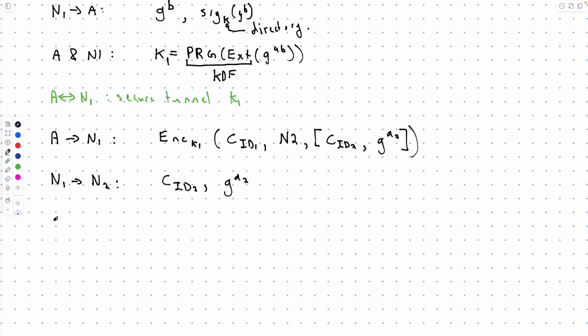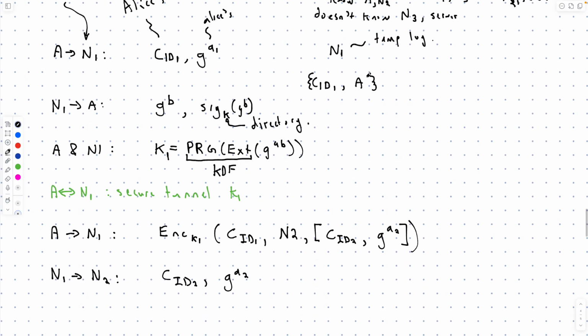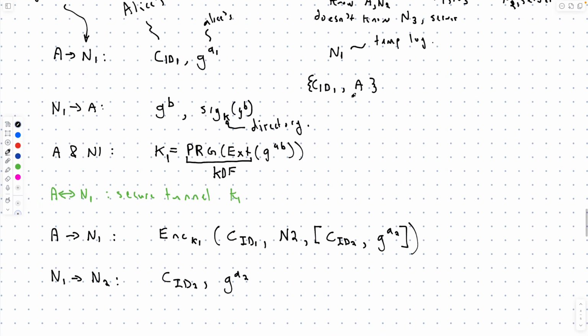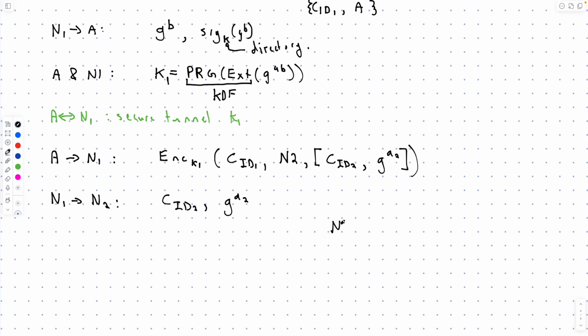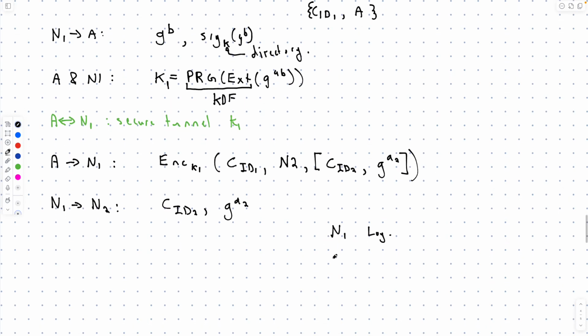Oh yeah, and by the way, N1 is also going to update its database. It knows that everything tagged CID1 is coming from Alice, and it also knows the key that it has with Alice.